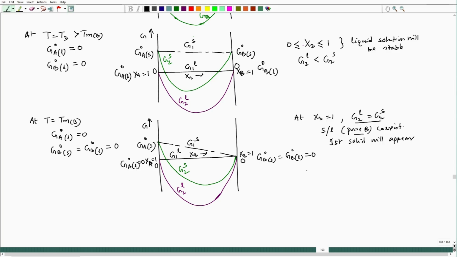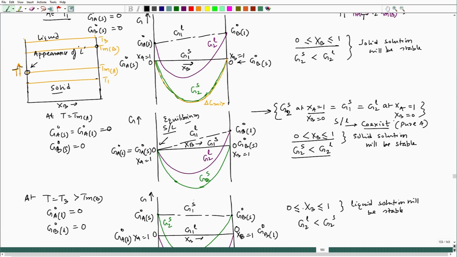So, for other compositions, XB less than 1, G2 liquid is less than G2 solid. So, that is the free energy hierarchy. It suggests that the liquid will be stable over the entire composition except XB equal to 1.